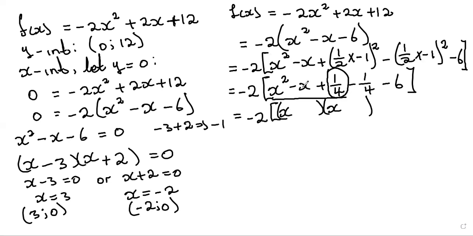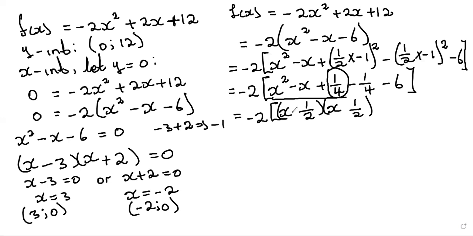They must be such that if you either add or subtract, you get -1, or rather 1 if you prefer. So you can see that the factors of a quarter are going to be half and half, because half multiplied by half is 1/4, but half plus half is going to be 1.